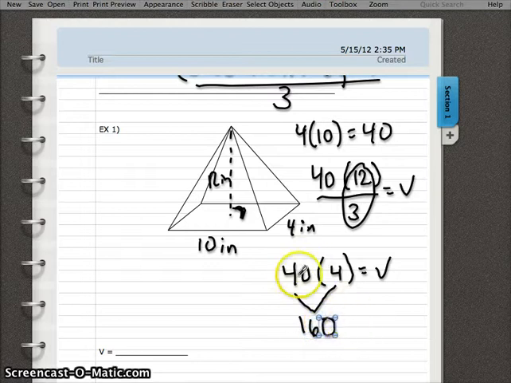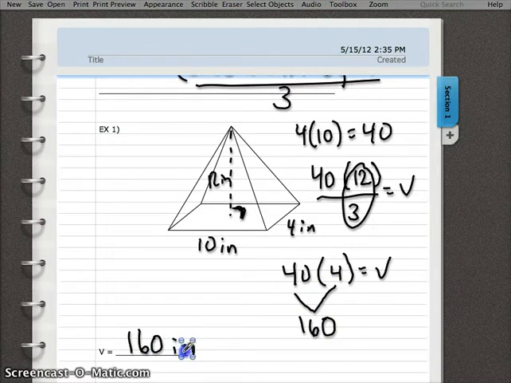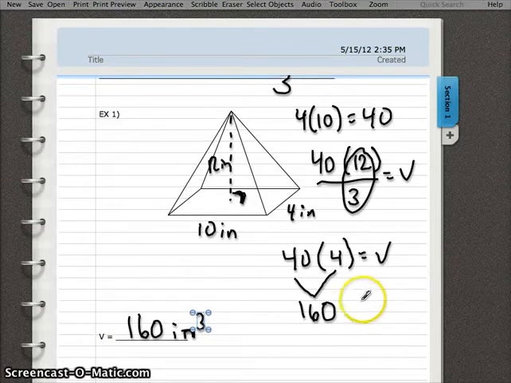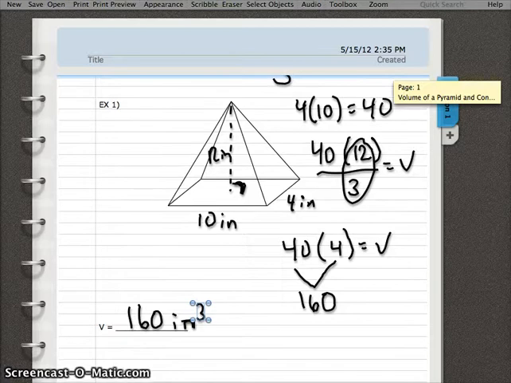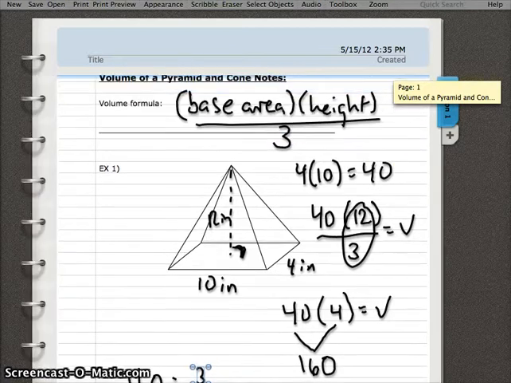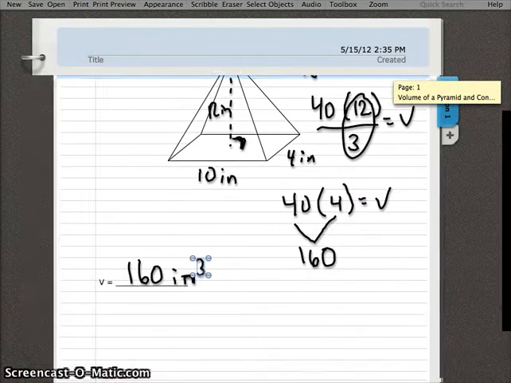And we put a 0 in for 40 times 4. So our volume ends up being 160, and we're still using cubic units, so inches cubed would be our units. So it's a tiny little pyramid there. But again, it's a pretty basic formula. Base area times height divided by 3.